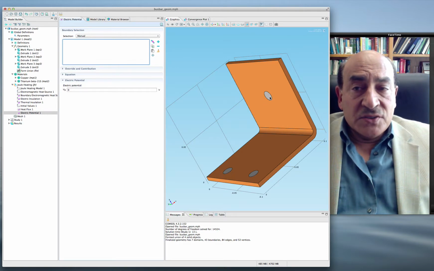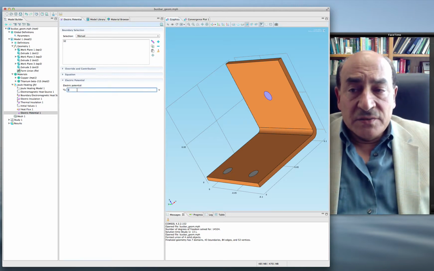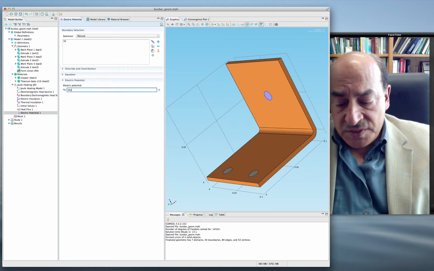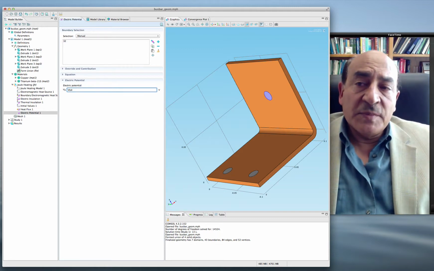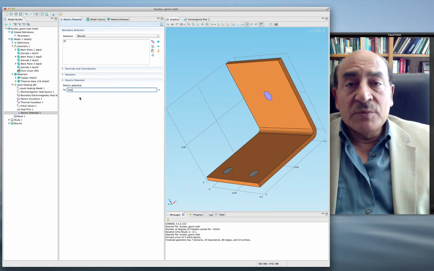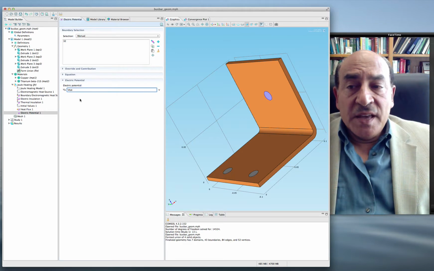The potential is going to be on this surface, so I added 32, and the potential that's applied is VTOT, because this is a parameter that I already defined as 20 millivolt in my table of parameters. And we are done with this.